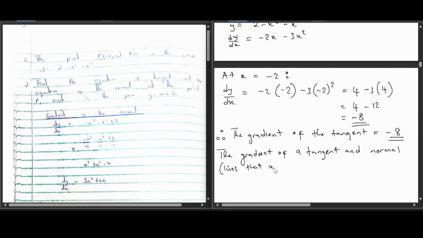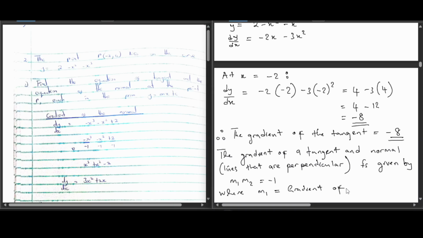For lines that are perpendicular, it is given by m1 times m2 is equal to minus 1, where m1 is the gradient of the tangent.